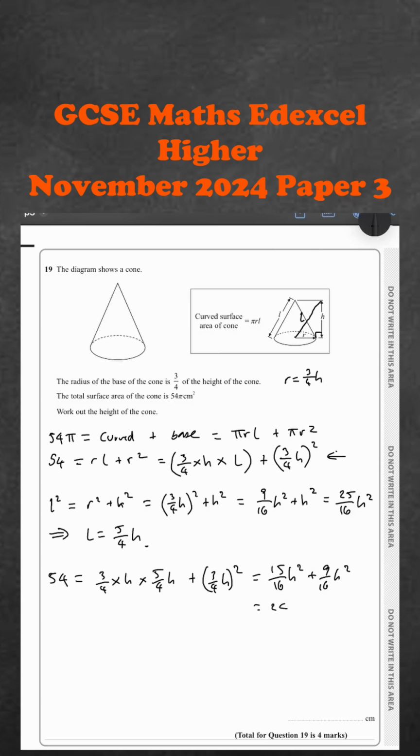So this gets us 24/16 H squared. So if I multiply both sides by 16 and then divide by 24, we get 36 equals H squared. Therefore, H equals 6, as it cannot be a negative as we're looking at distances.